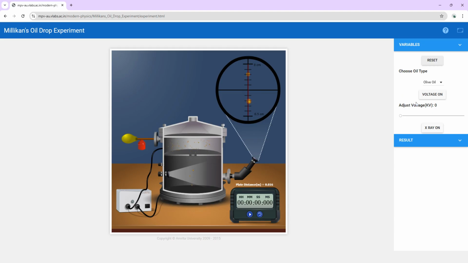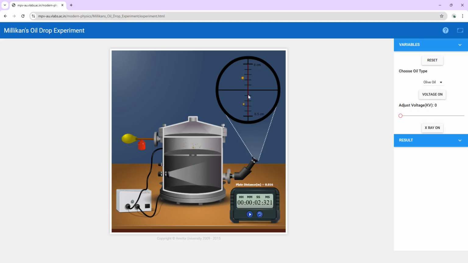What I'm going to do next is turn on the X-ray to ionize the droplets in the container, and turn it off. The oil droplets are still falling. I'm now going to turn on the electric field so that we can start adjusting the voltage to capture an oil droplet.